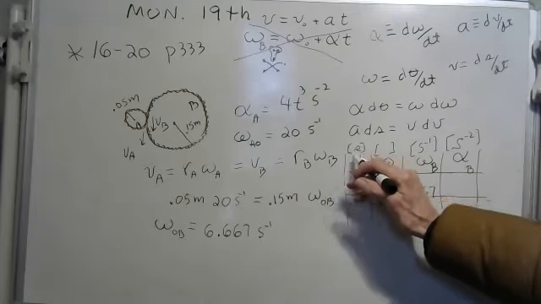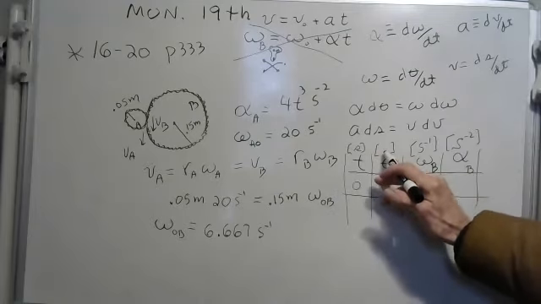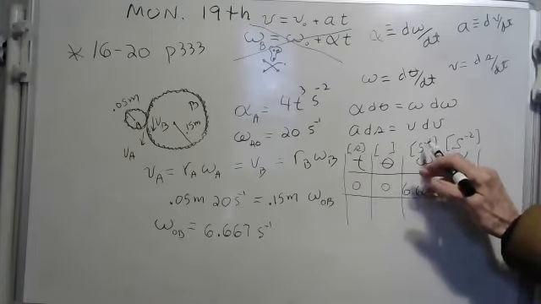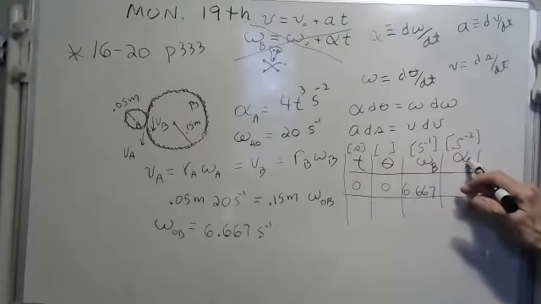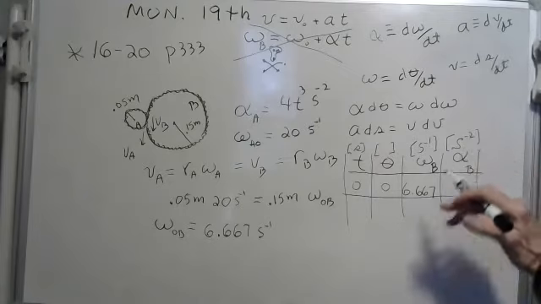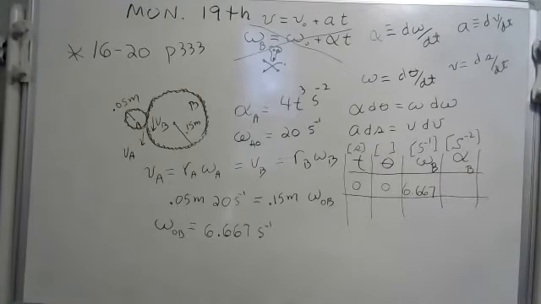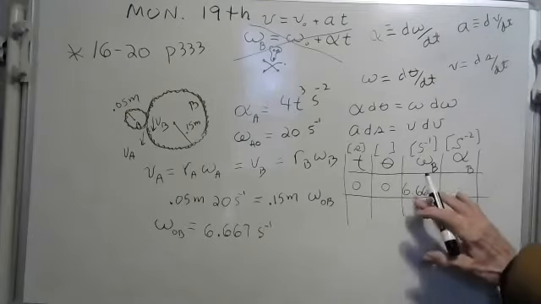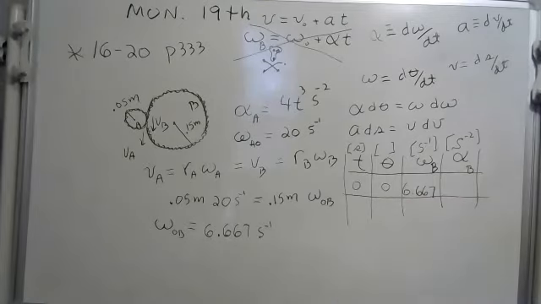Time is in seconds. Radians are in nothings. Angular velocity is in radians per second. Angular acceleration is radians per second squared. Yeah, that's right. Great. I don't know what this is though, but I think we can get it.